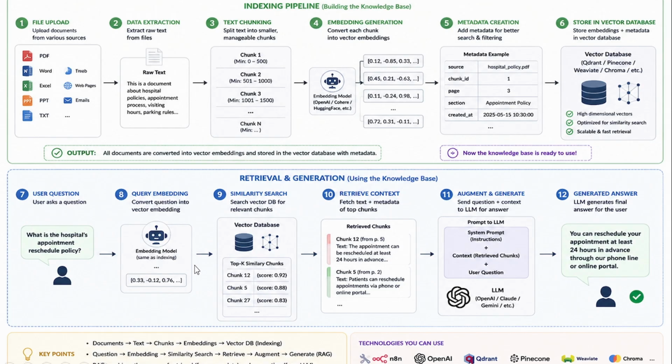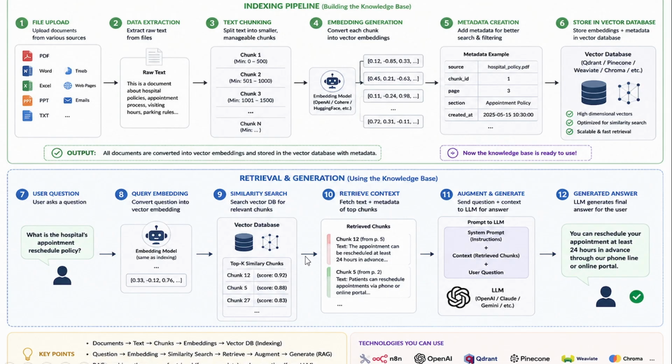After converting it into vector form, there is a step of similarity search. You can see here, search vector database for relevant chunks. If the query consists of these numbers and the answer has numbers similar to these, already stored in the vector database, then on the basis of similarity check or semantic meaning, it finds the data, extracts it and prepares the answer.